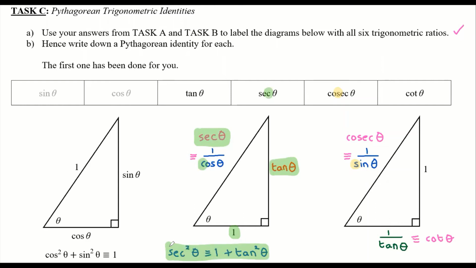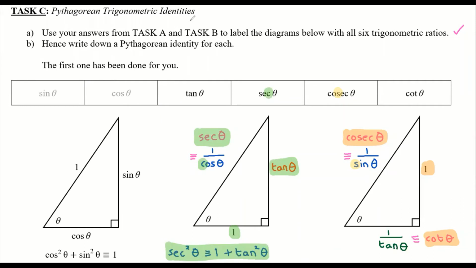Let's move over to the third right angle triangle. So we have cosec theta here, and we have cot theta as my adjacent side, and we have 1 as the opposite side. So we can write this again as a brand new identity. So let's do that. Just undo that. Okay, oops.